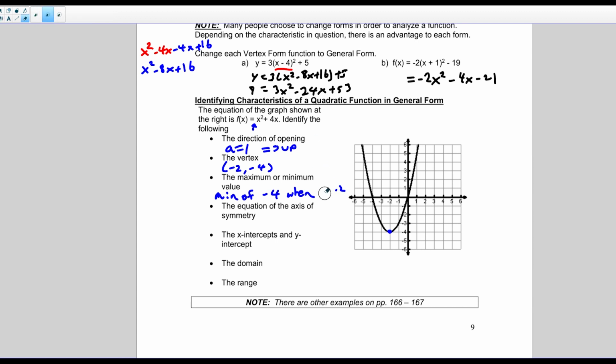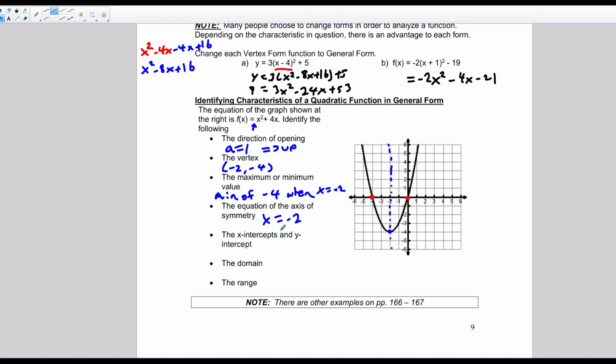When x equals negative 2, slightly neater. Your equation of the axis of symmetry is just x is equal to negative 2, right? And that axis of symmetry just comes straight down there. We haven't talked too much about x and y-intercepts yet, but your x-intercepts are when your graph crosses the x-axis.